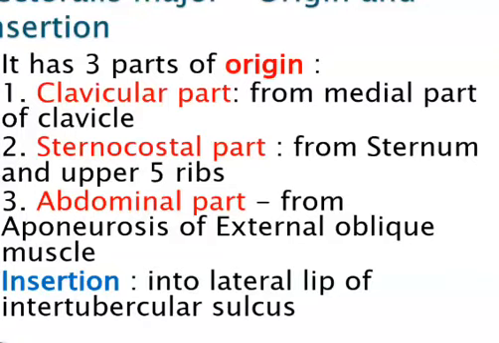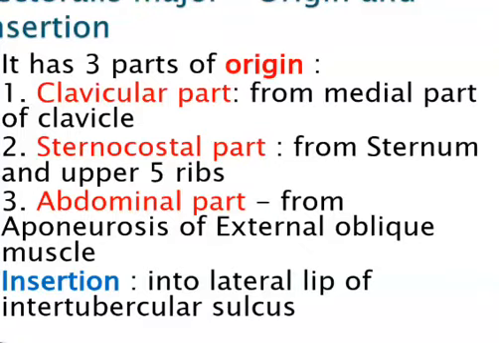Coming to pectoralis major muscle, its origin and insertion. The pectoralis major muscle has three parts of origin. First is the clavicular part. It arises from the medial part of clavicle.